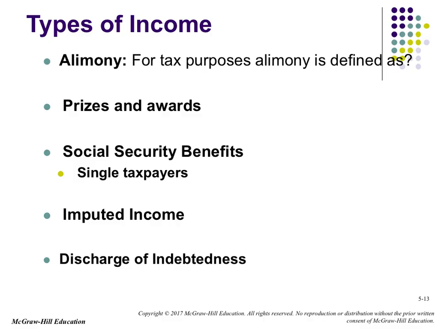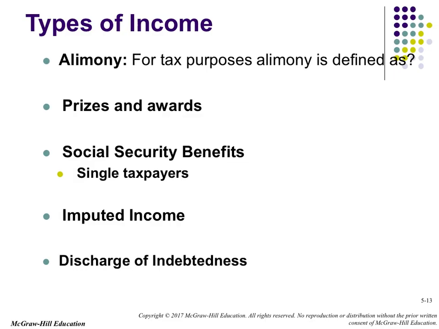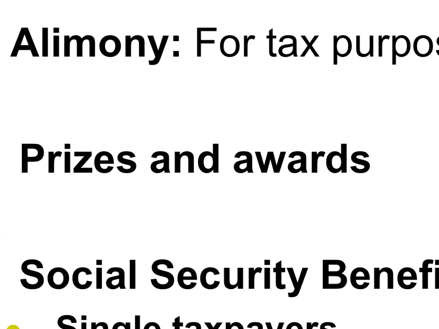Alimony is fundamentally different than child support, okay? So alimony used to be gross income to the person receiving the alimony. It was taxable. And then the person paying the alimony had a for AGI deduction, all right? That has changed. So I'm going to expand here, and here are some details about alimony, okay?